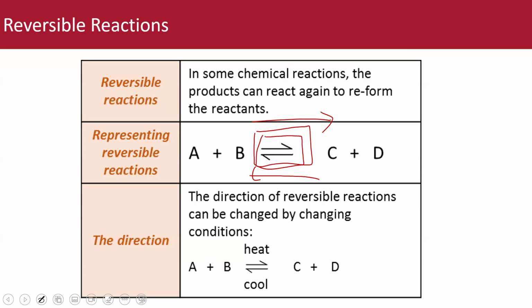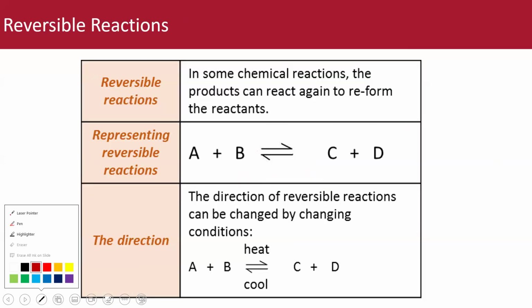If they showed you the symbol with a longer arrow at the top, that means it's more likely to go from A and B to C and D than in the opposite direction. So if the longer arrow is pointing to the right, it's more likely to go to the right.